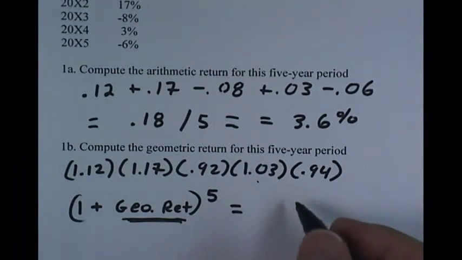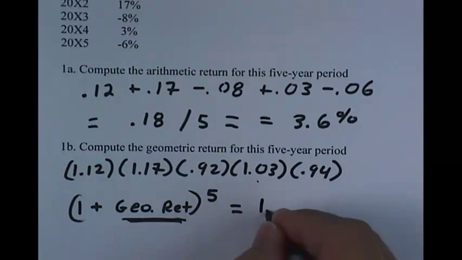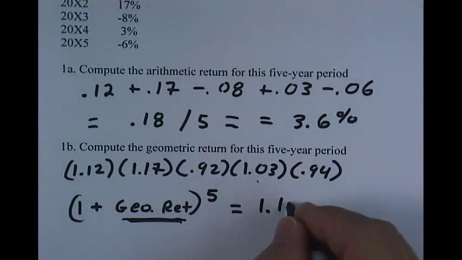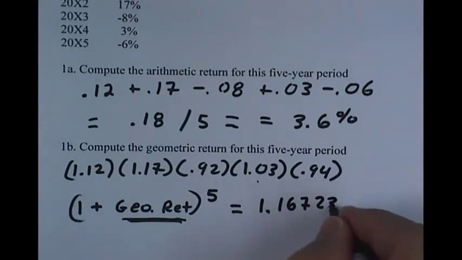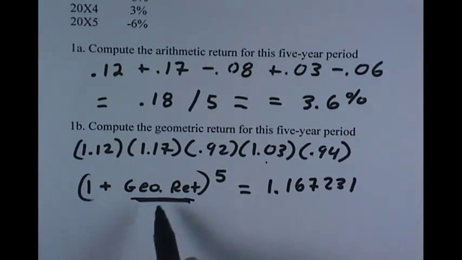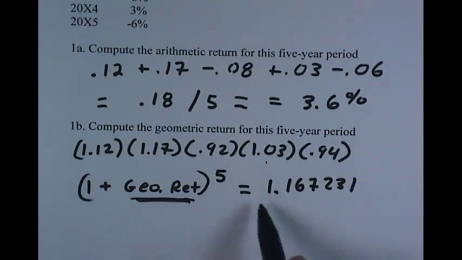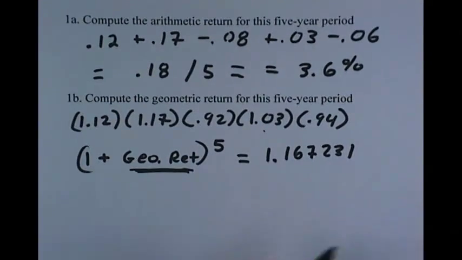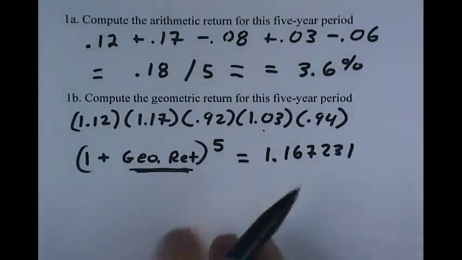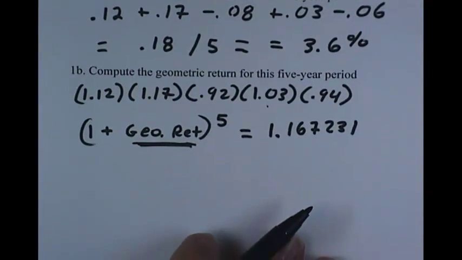So the product of 1 plus all those individual rates of return is 1.167231, and there's some singular geometric return that could compound 5 times and produce the same growth as the product of 1 plus all those different returns there.